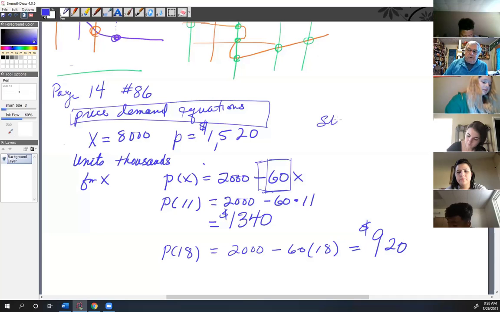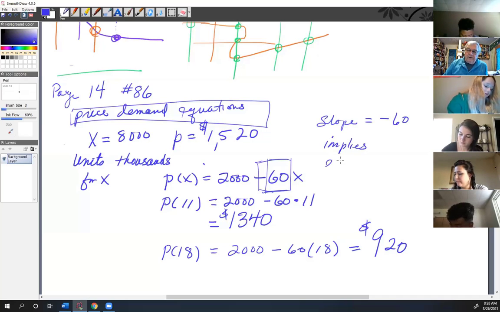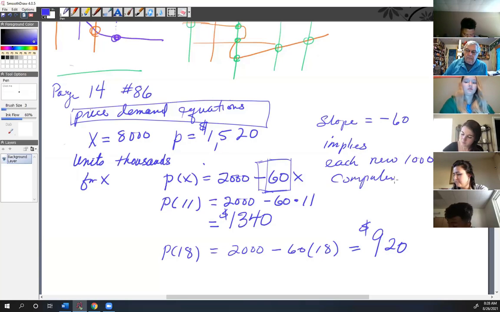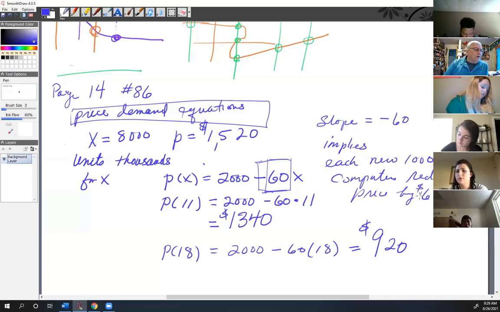So the slope equal to negative 60 implies, since it's negative, each new 1,000 computers reduces price by $60.